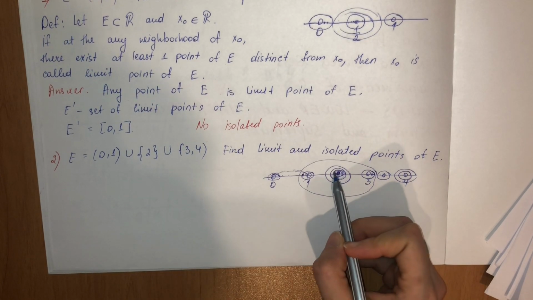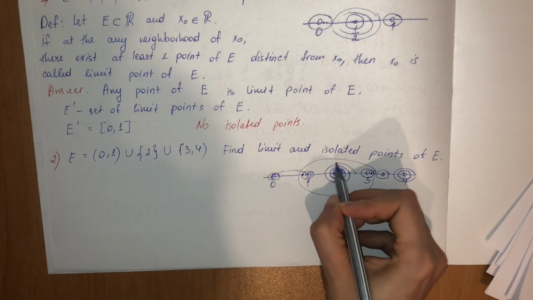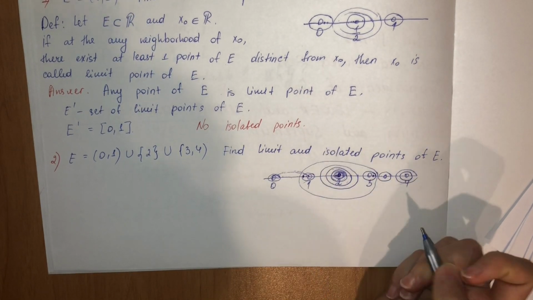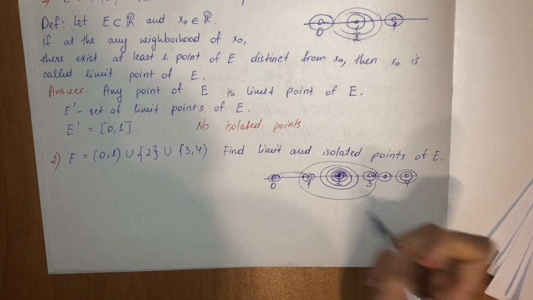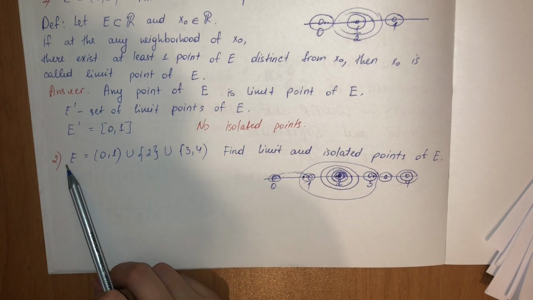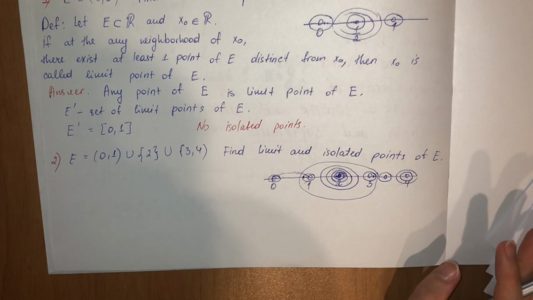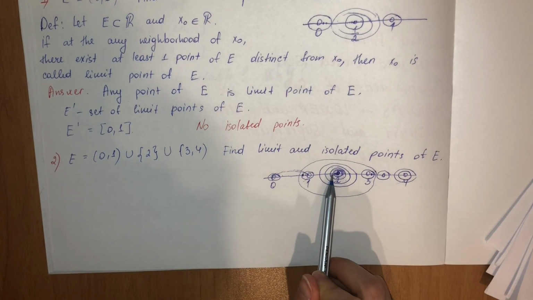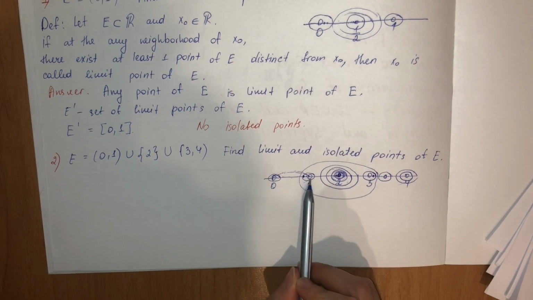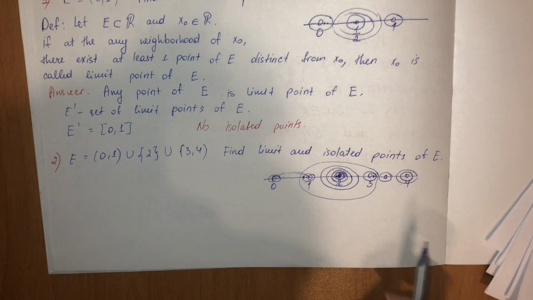So this circle, this neighborhood, also that neighborhood, does not include any point from E. So 2 is not a limit point, 2 is an isolated point, but [0, 1] and [3, 4] are limit points.